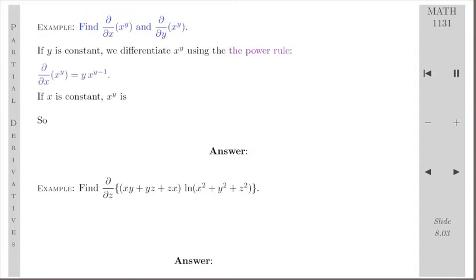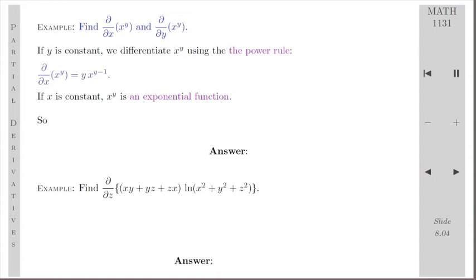But when I do the partial derivative with respect to y, I pretend that it is x that's constant, y is the variable. So x power y is like 2 power y, or 5 power y, or pi power y, and so on. So I have a constant base and the variable in the exponent. In this case, I have to use the rule for exponentials. Remember, this is the general exponential, where the base is not necessarily e.